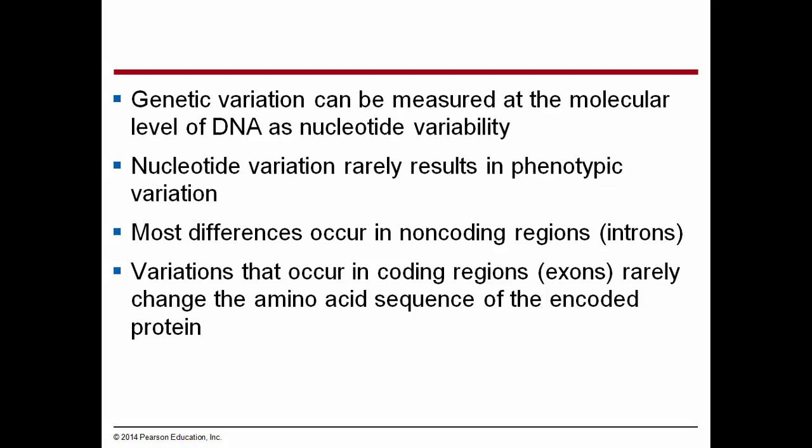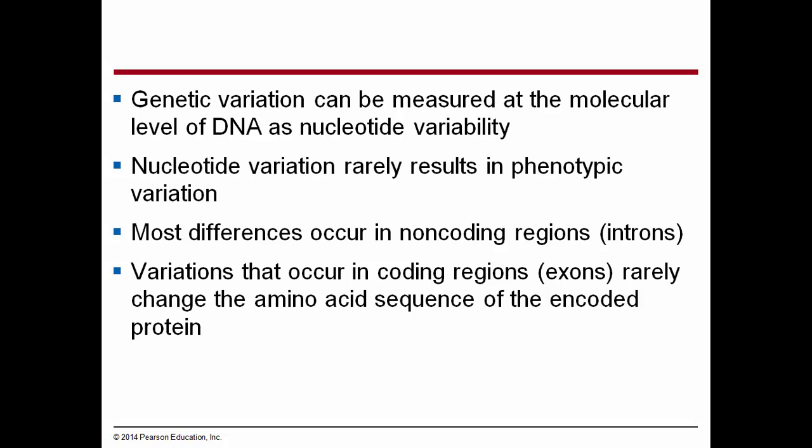Nucleotide variation results rarely in phenotypic variation. Most differences occur in non-coding regions, the introns, while variations that occur in the coding regions rarely change the amino acid sequence of the encoded protein.